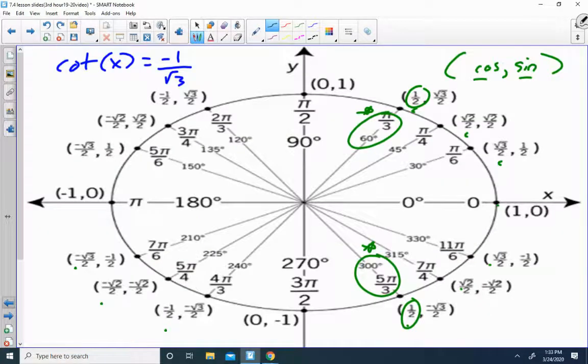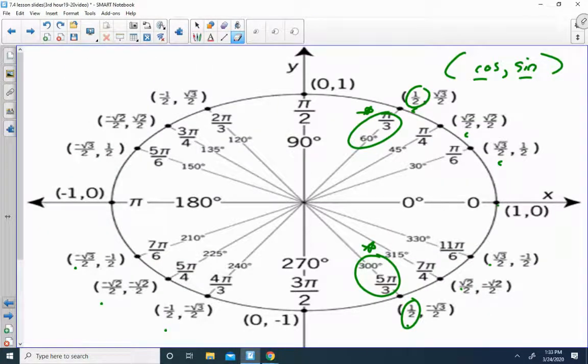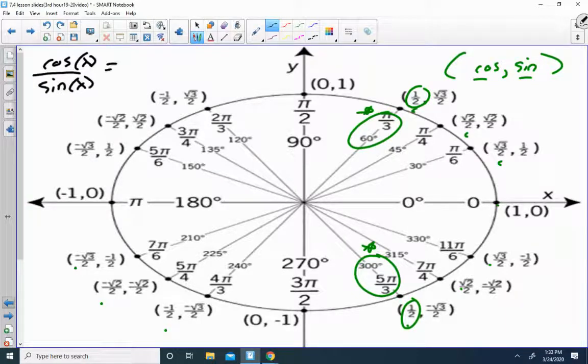So back to the unit circle. Using the unit circle, I have to figure out what angle would have cosine divided by sine give me negative 1 over root 3. I'll give you a hint. You know right away that whatever you do, top divided by bottom has to give you a negative answer.